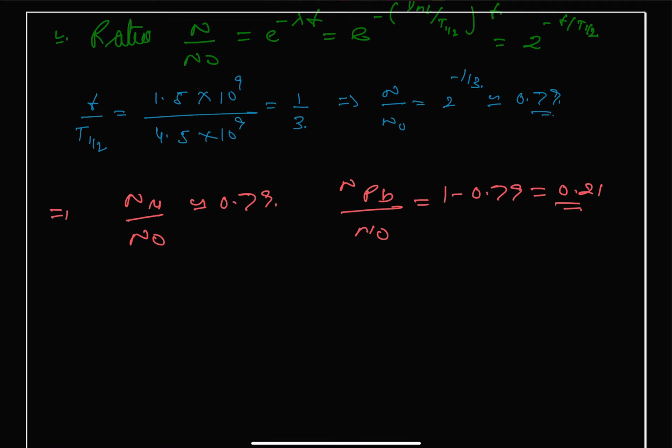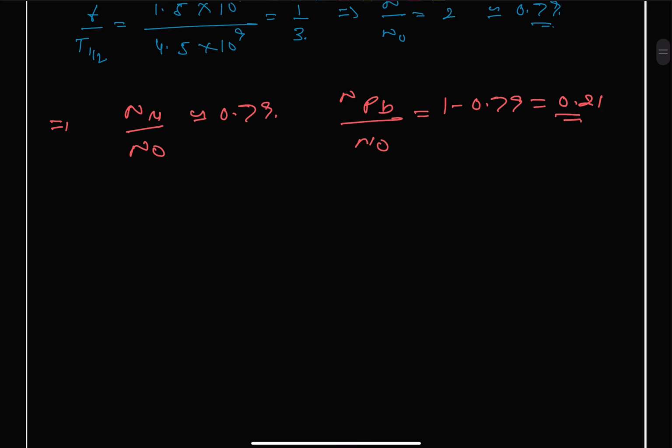Now it's correct. Finally, we are supposed to find Nu upon Npb, and this gives us 0.79 divided by 0.21, approximately 3.76. Sorry, I messed it up.